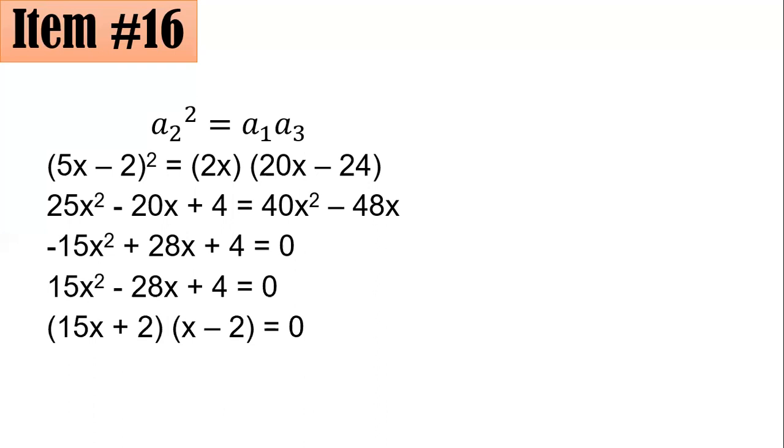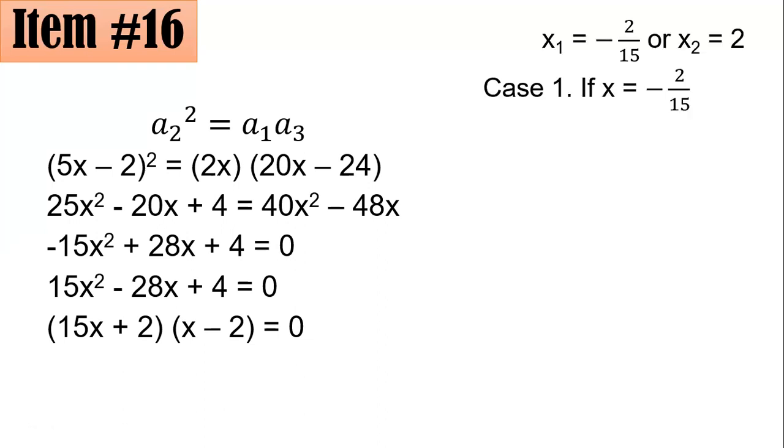And by the zero property of multiplication, what we have to do next is equate each of these factors to 0. So if 15x plus 2 is equal to 0, that means that you will have negative 2/15. And if x minus 2 is equal to 0, that means that x could be 2.